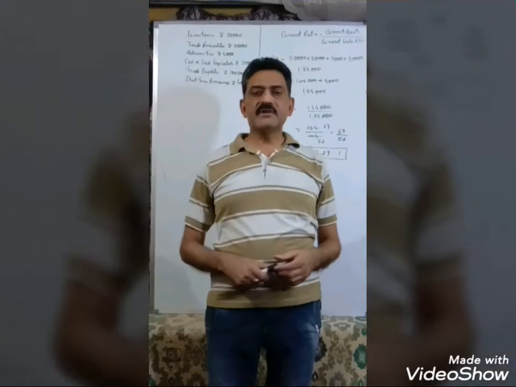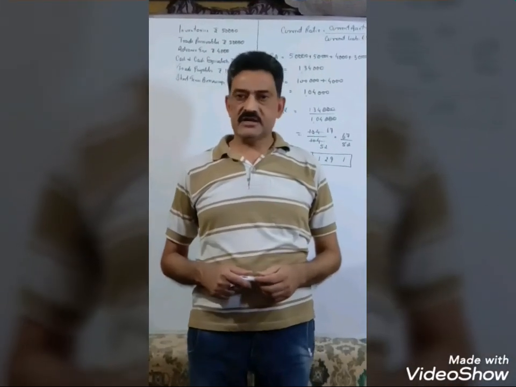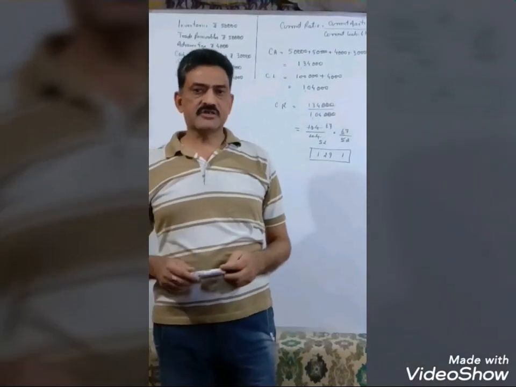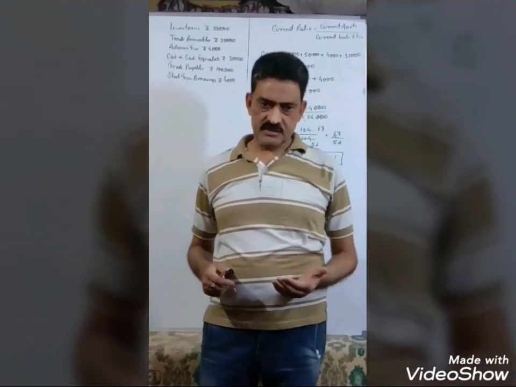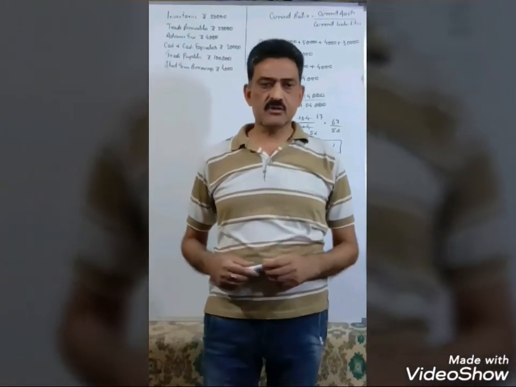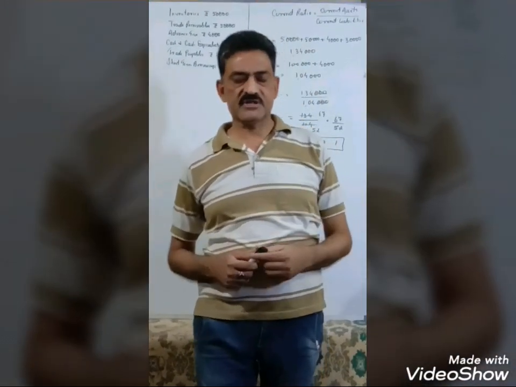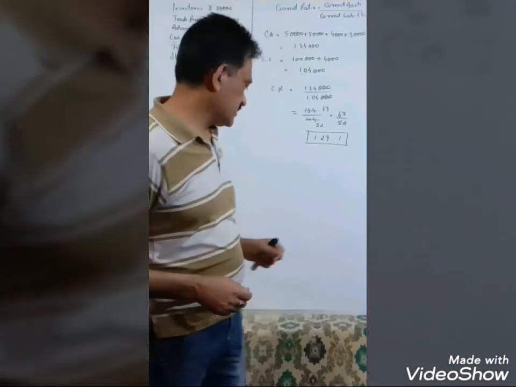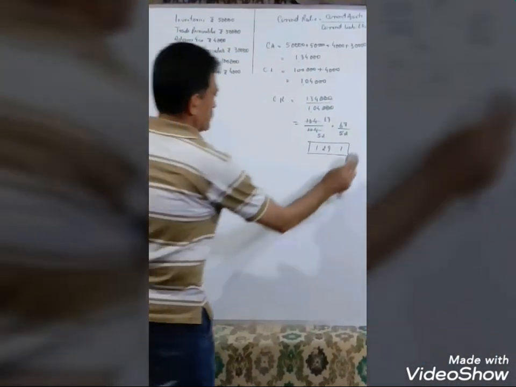Now we will take another question from NCERT book. In this question, a balance sheet is given. In the balance sheet, we have all the current assets as well as current liabilities. On the basis of that information, we have to find out the current ratio of a company.